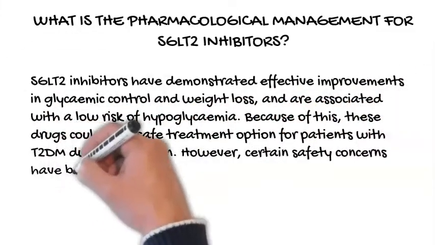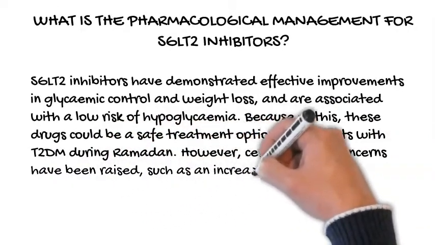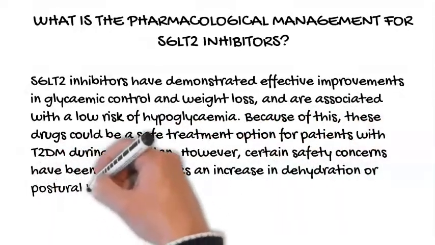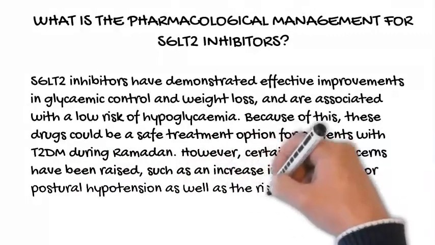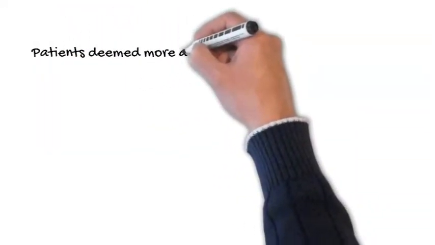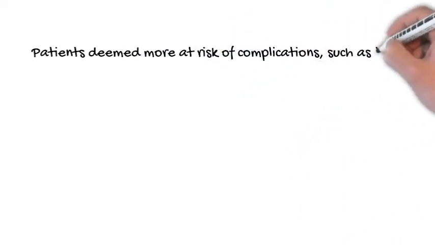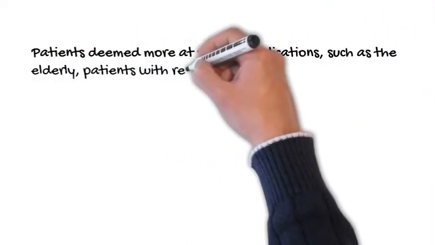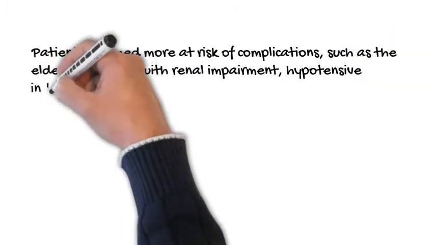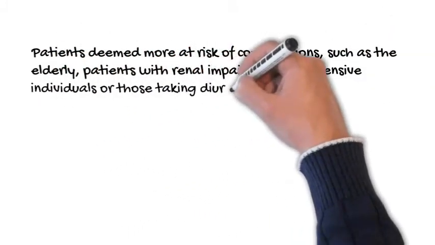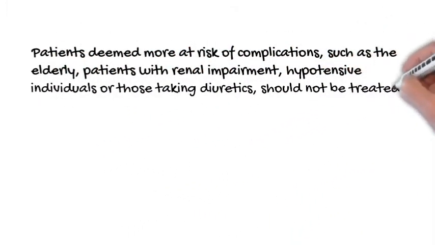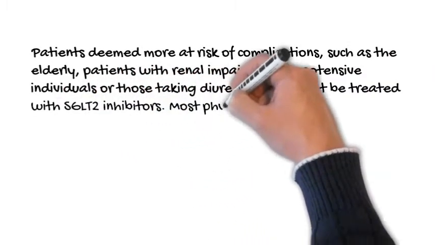However, certain safety concerns have been raised, such as an increase in dehydration or postural hypotension, as well as the risk of ketoacidosis. Patients deemed more at risk of complications, such as the elderly, patients with renal impairment, hypertensive individuals or those taking diuretics, should not be treated with SGLT2 inhibitors.